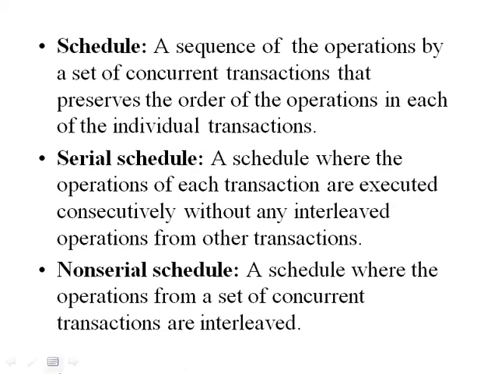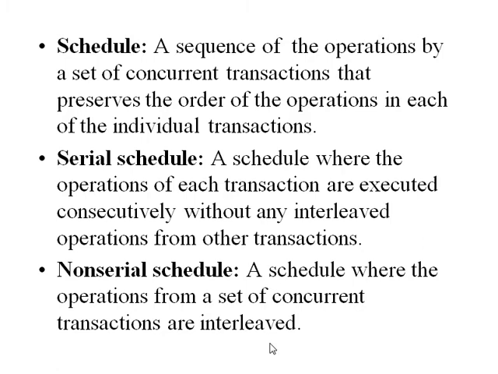Now let us see what is a non-serial schedule. See the definition. It is a schedule where the operations from a set of concurrent transactions are interleaved. Interleaved here means before completing one transaction's execution, in between, simultaneously, another transaction also starts execution.